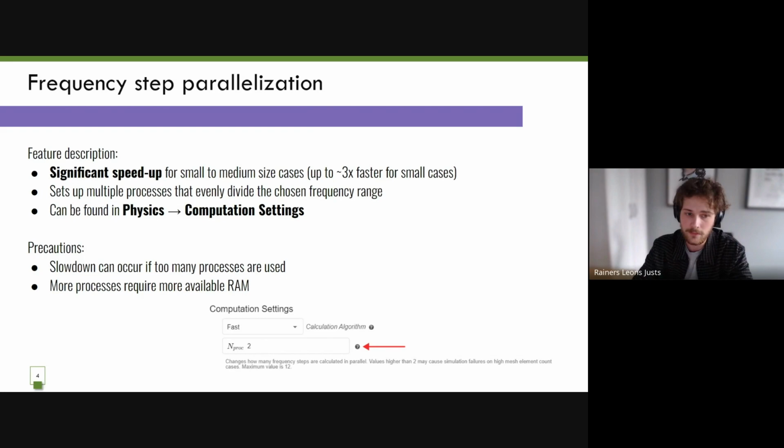And the larger the case, the more RAM you will need to calculate the case successfully and faster. So you may run into RAM insufficiency issues, or you may actually see a slowdown because the processes are all fighting for CPU time. I will show you how this works afterwards.